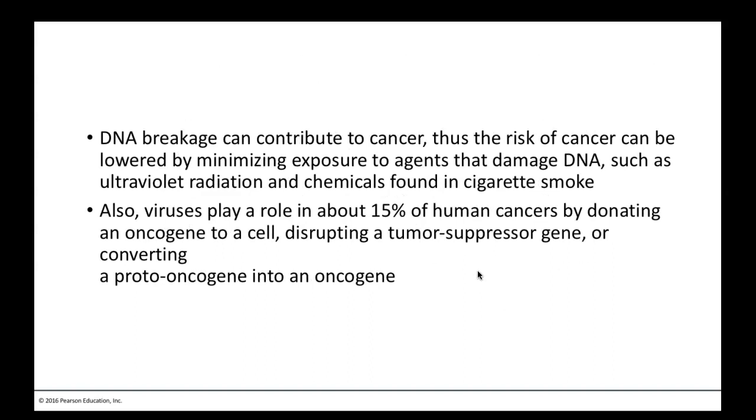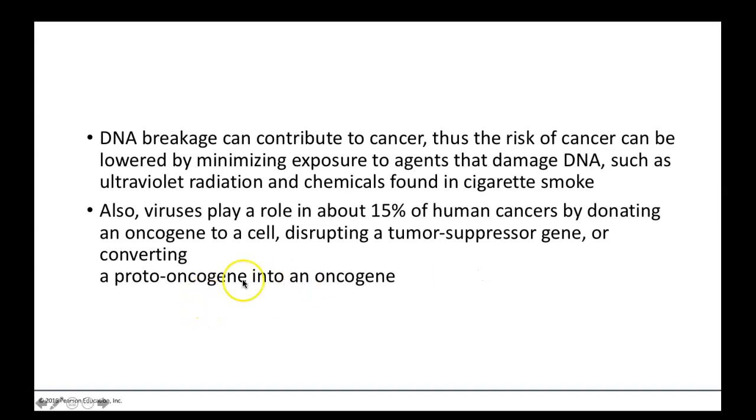DNA breakage can contribute to cancer, thus the risk of cancer can be lowered by minimizing exposure to agents that damage DNA, such as ultraviolet radiation and chemicals found in cigarette smoke. It is also believed that viruses play a role in about 15% of human cancers, because they release genetic material into the cell, and their genetic material can get incorporated into the host genome, altering DNA sequences and therefore disrupting tumor suppressor genes or causing oncogenes to be there.